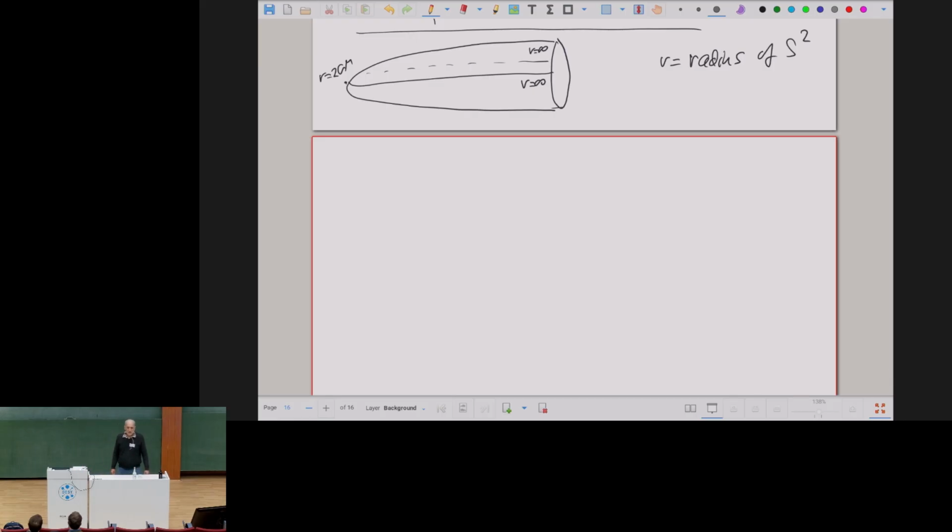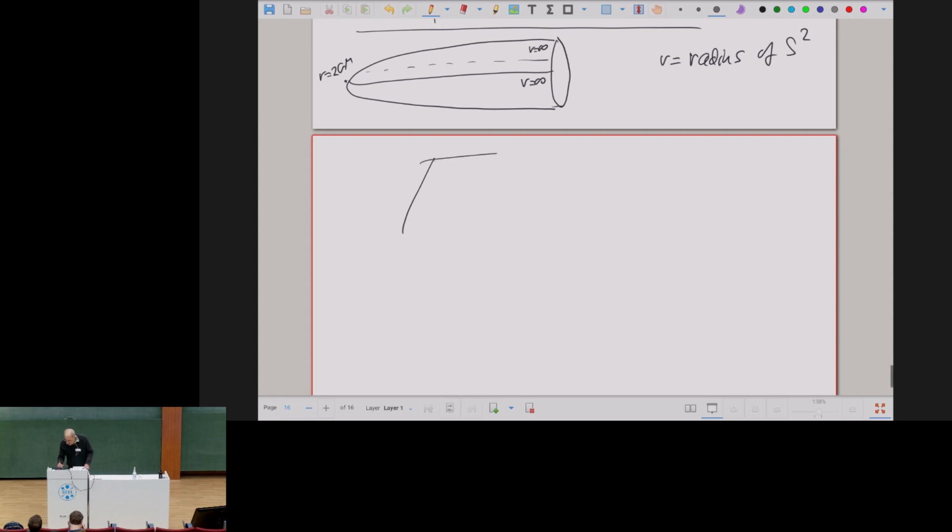So I'm going to represent the two-sphere as if it was a circle. So near R equals infinity, I have a plane, which I want you to imagine drawing circles in this plane. And those circles are supposed to represent the two-sphere. And the distance from the center is this function R. So R equals infinity out here.